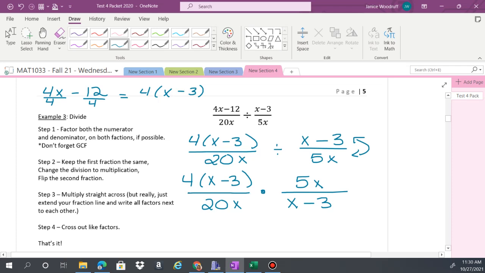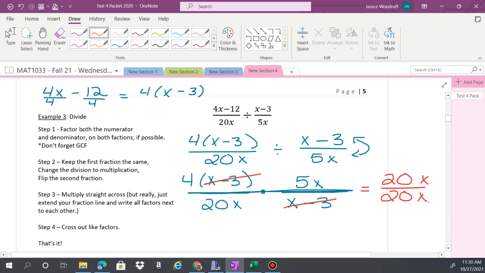So we extend the line and we cross out like factors. What can I cross out here? X minus 3, one on the top, one on the bottom. Anything else? Yeah, so look at this. 4 times 5 is 20, and then I have x, and that's left with 20x.